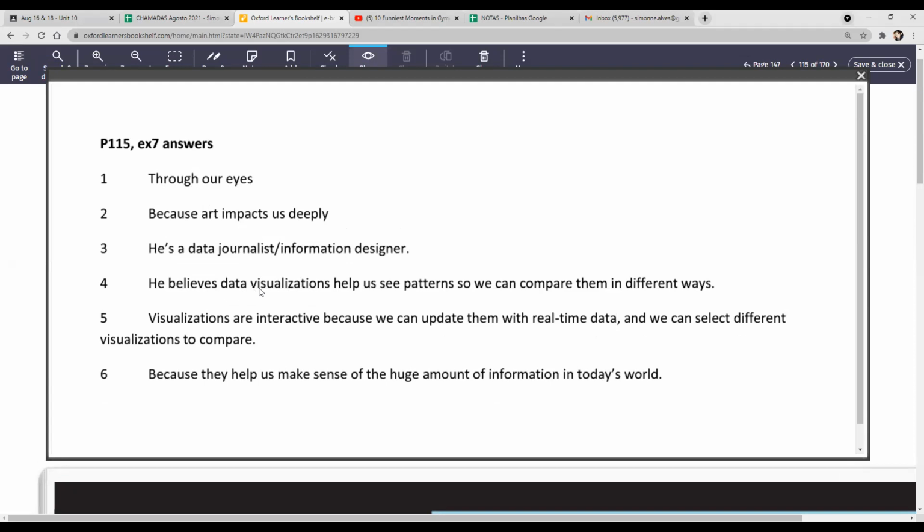He believes data visualizations help us see patterns so we can compare them in different ways. Look, interactive because we can update them with real-time data. We can select different visualizations to compare. They help us make sense of the huge amount of information in today's world. So we got everything right, okay?